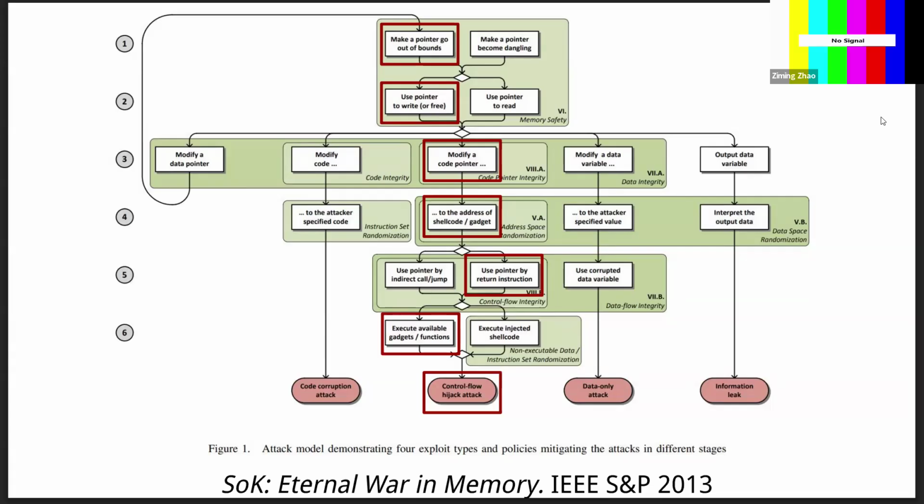Then, eventually, that return address, that code pointer, is used by a return instruction. Which return instruction was it? We overwrite that return address, which is a code pointer, and it is eventually used by a return instruction.